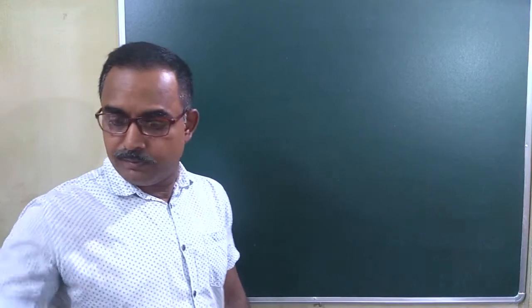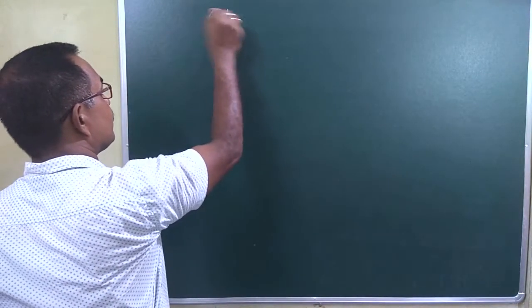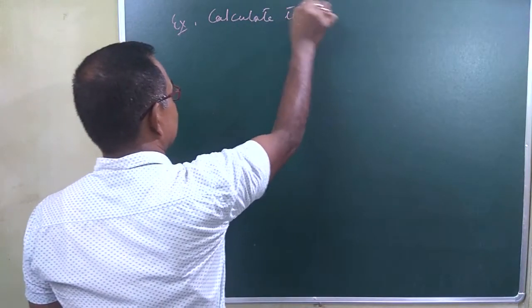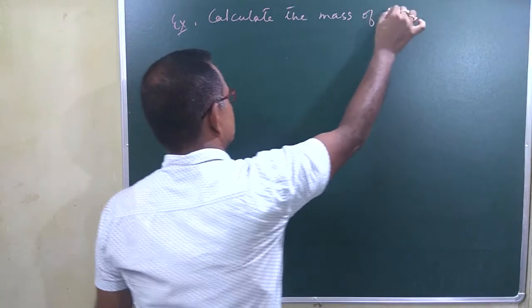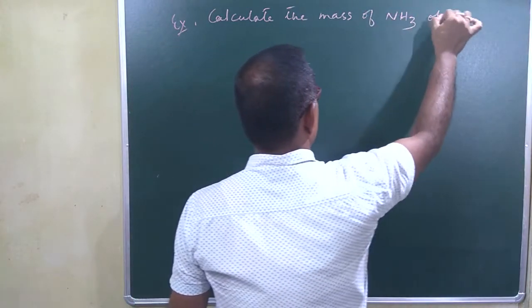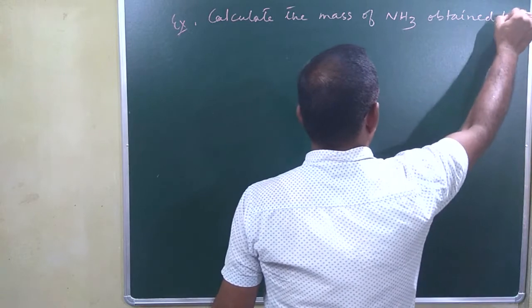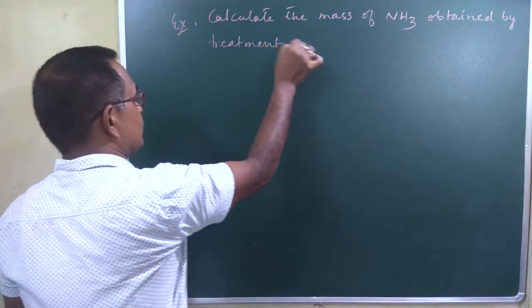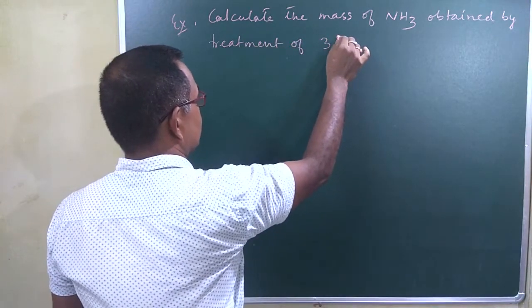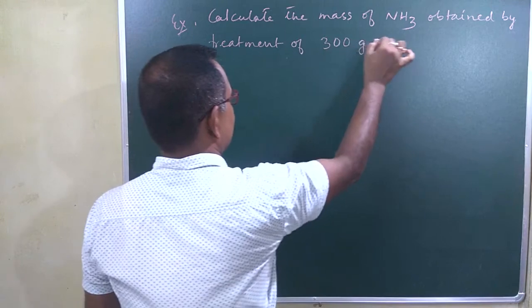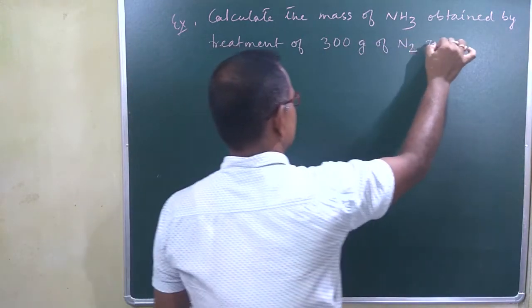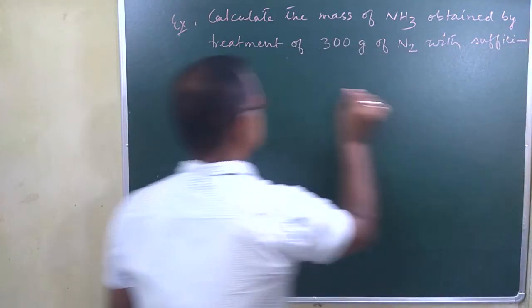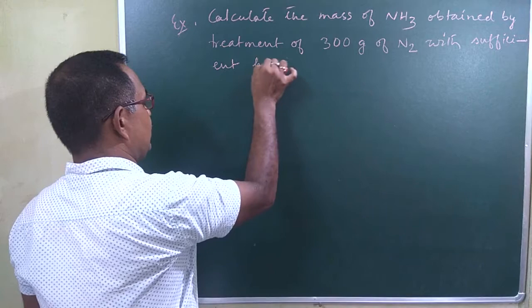Take another example. Calculate the mass of ammonia obtained by treatment of, say, 300 gram of nitrogen with sufficient hydrogen.